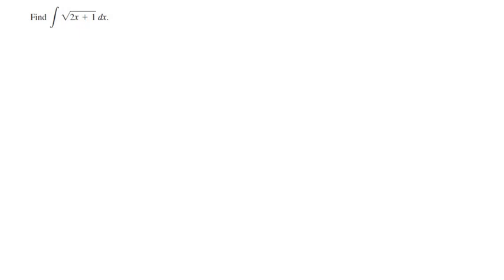So this is finding the integral of the square root of 2x plus 1. One thing we can do here is similar to what we did previously. We use u equals 2x plus 1, because we know the integral of u to the power half. That is, we do know the integral of u du. So if we could convert this to something like this, we should be able to integrate it.